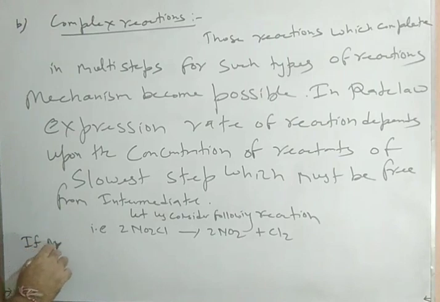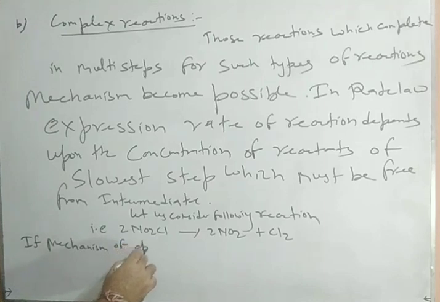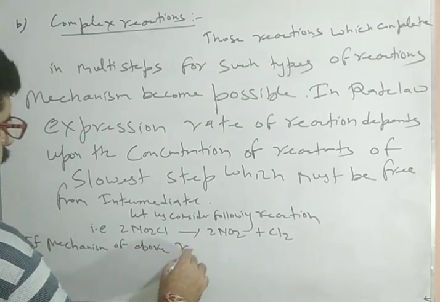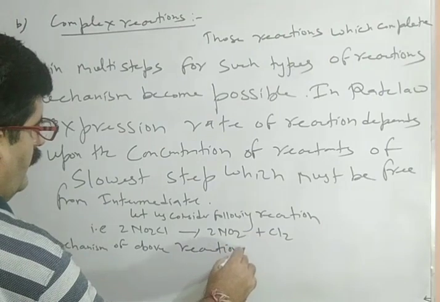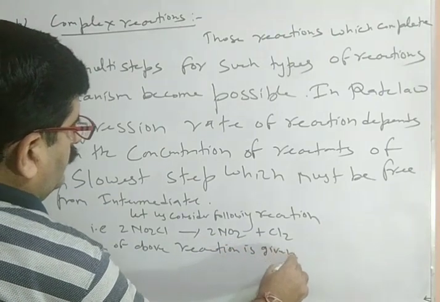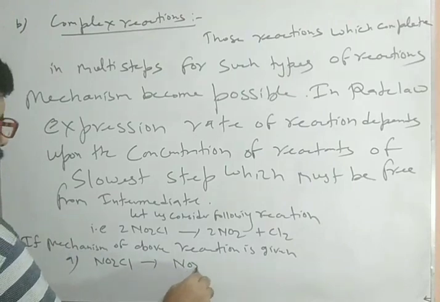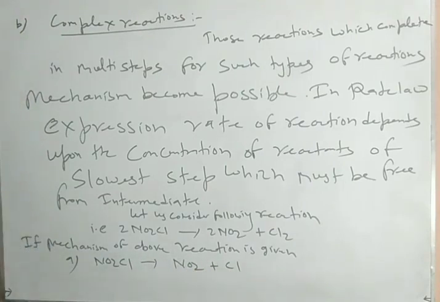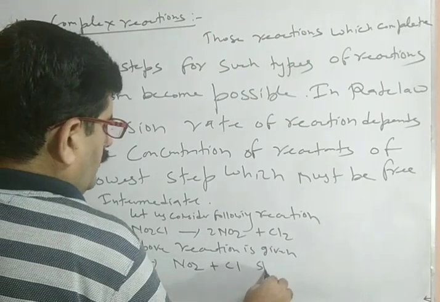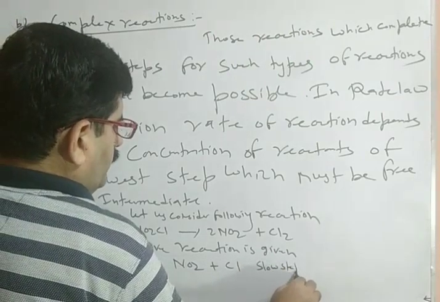If mechanism of above reaction is given, that is first NO2Cl converted into NO2 plus Cl free radical. It is said to be slow step reaction.